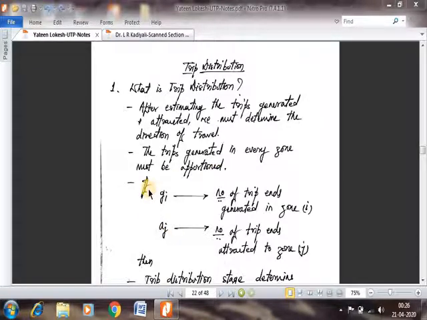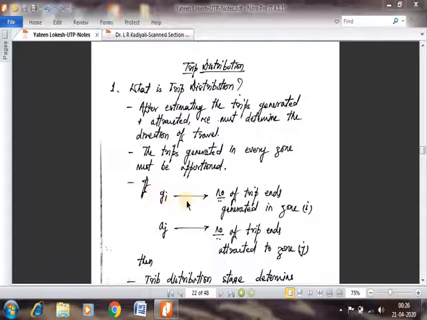In case for a region gi is denoted as the number of trip ends generated in zone i. There are basically two zones which we are considering. Zone i is the zone from where the trip is getting generated, and zone j is the zone where the trips are getting attracted.